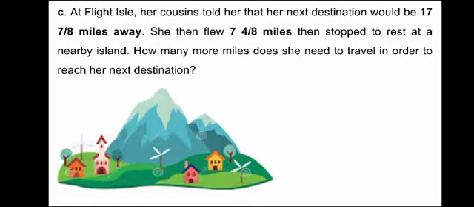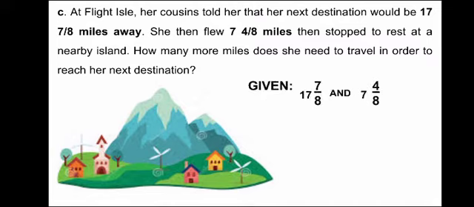Now let's answer letter C. At Flight Isle, her cousins told her that her next destination would be 17 and 7/8 miles away. She then flew 7 and 4/8 miles, then stopped to rest at a nearby island. So it was asking for how many more miles does she need to travel in order to reach her next destination.